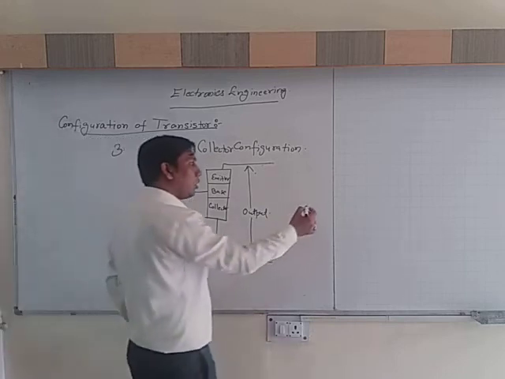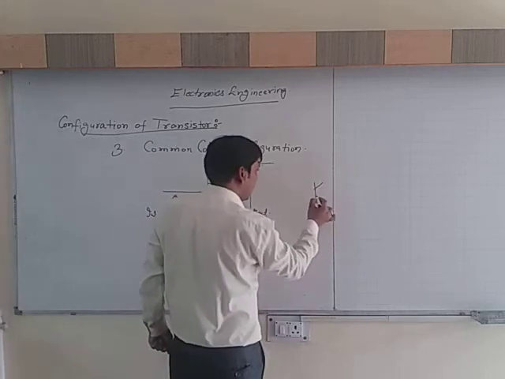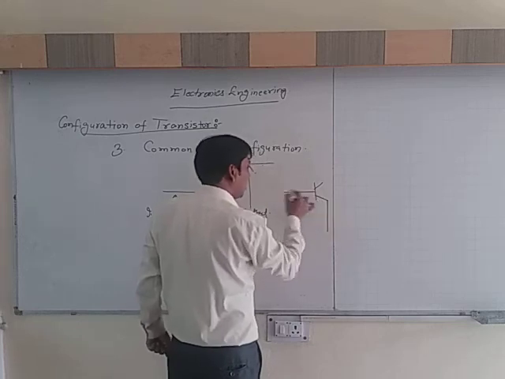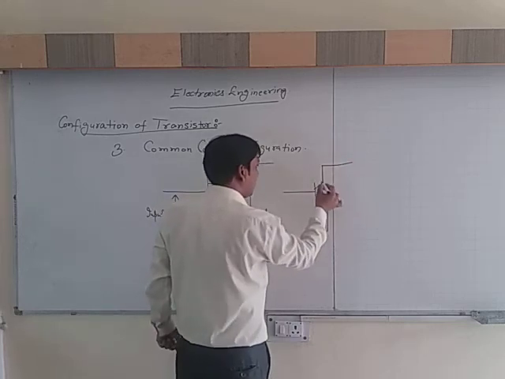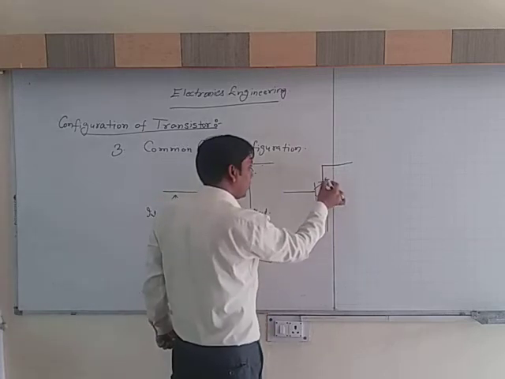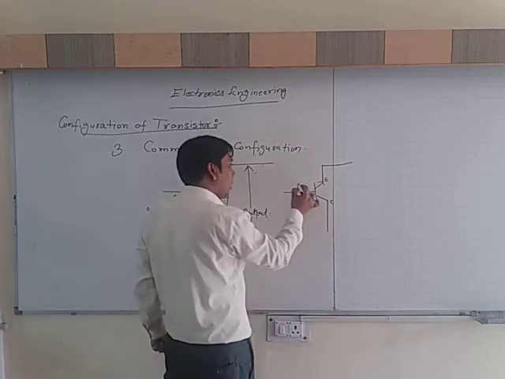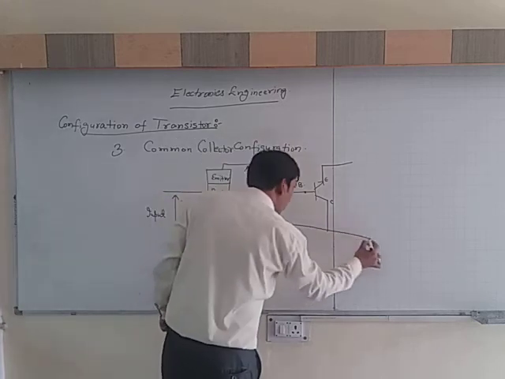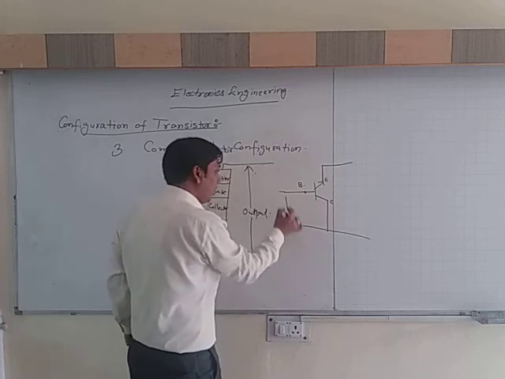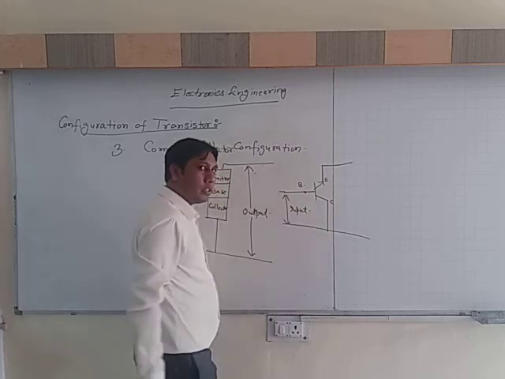If we just draw the circuit diagram, then the circuit will be like this. This will be the emitter terminal. This will be the collector one, and it will be the base. So the input will be provided in between base and collector.